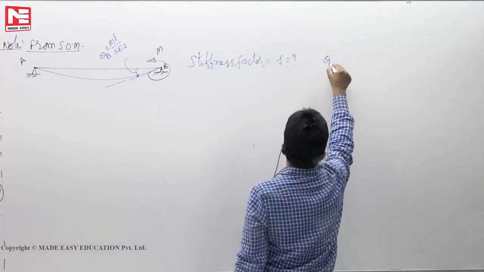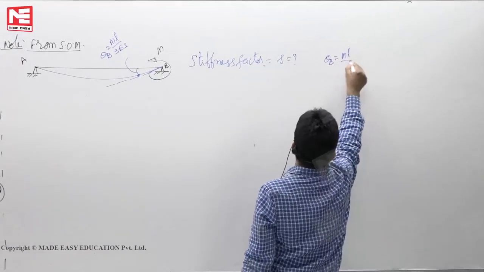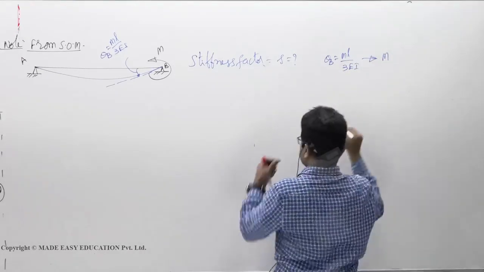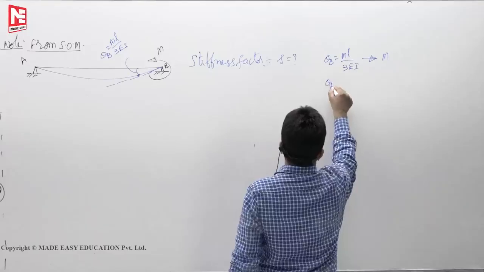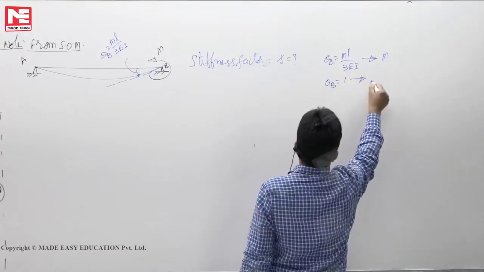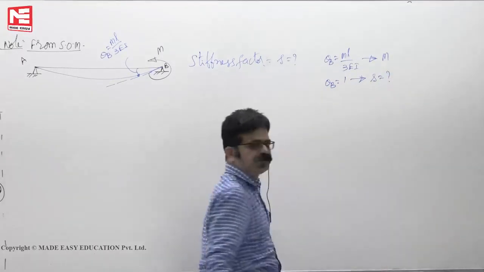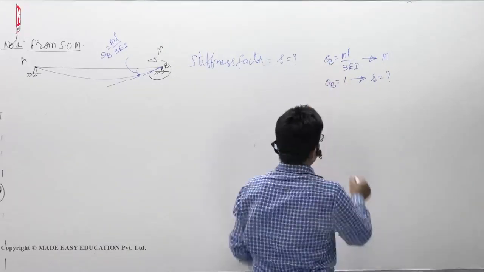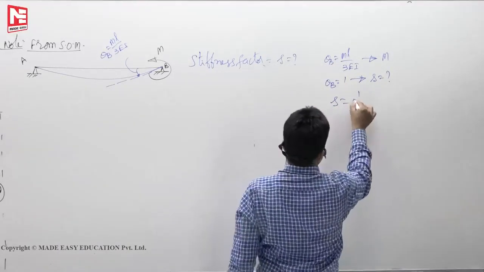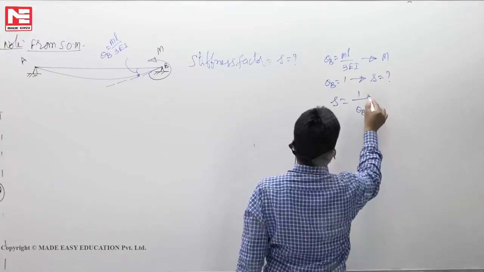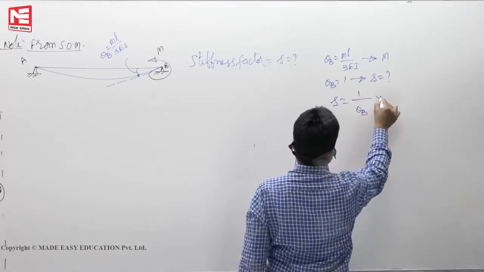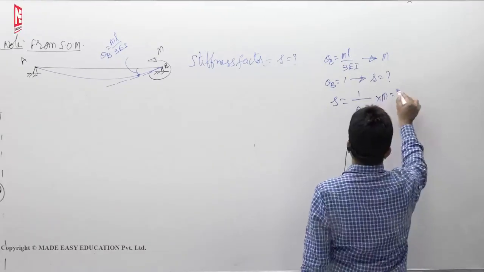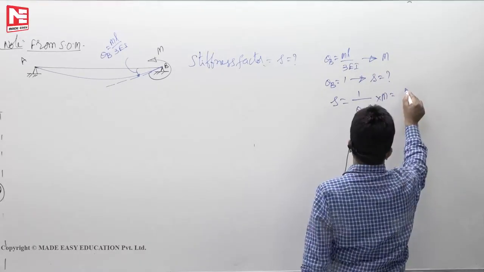See here, for theta B equal to ML by 3EI, you have to apply a moment M. For theta B equal to 1, how much moment do you have to apply? Yes, a smaller value. So S is equal to M by theta B. That means M divided by ML by 3EI, so you get 3EI by L.